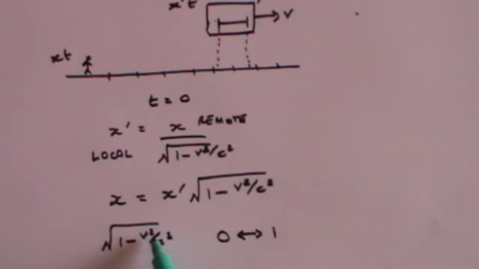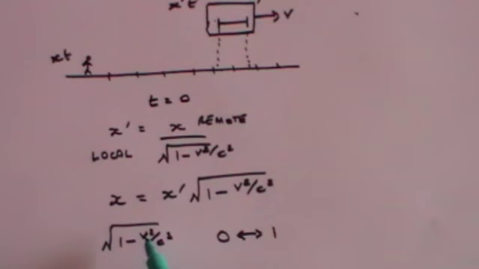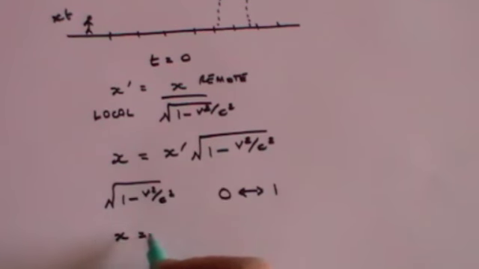If v is the same as the speed of light, then v squared over c squared is 1, 1 minus 1 is 0, and so this term becomes effectively 0. And so the transform term is going to be between 0 and 1. And that means that x is always going to be less than x prime.